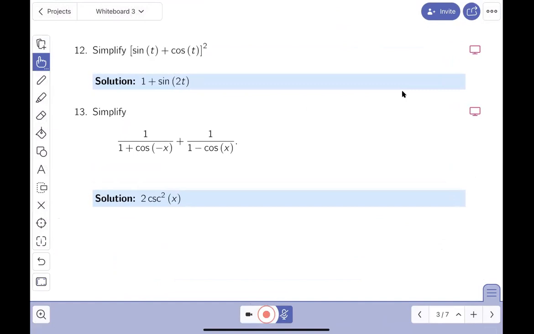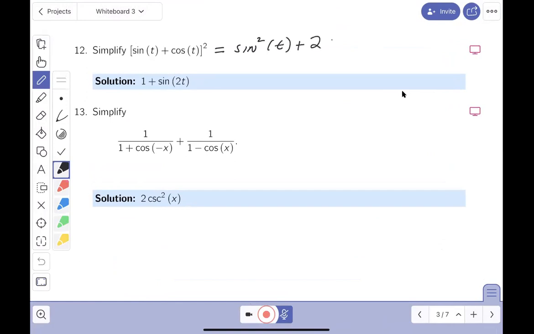Let's do 12 first. I can square that. And what would you get? Sine squared t plus 2 sine t cosine t plus cosine squared t. Well, I see a Pythagorean identity there. And what's that going to be? Sine squared plus cosine squared is 1, right?